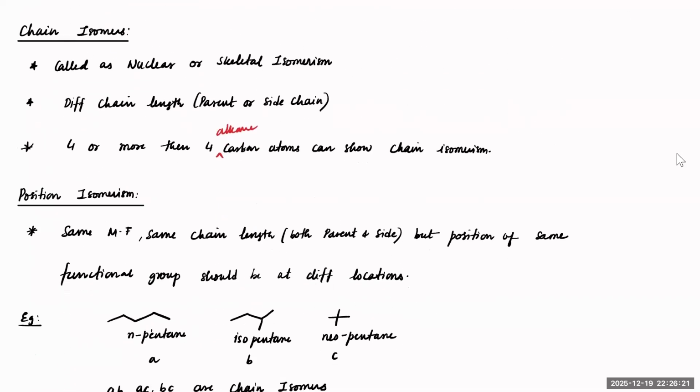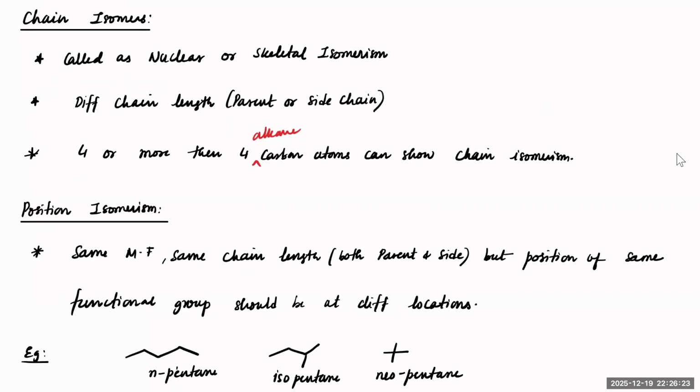Right, everybody. Now notice, within structural isomers we have chain isomers. Chain isomers are also called nuclear or skeleton isomerism. Here it will have different chain lengths. If you compare a parent or a side chain, it will have a different chain length.